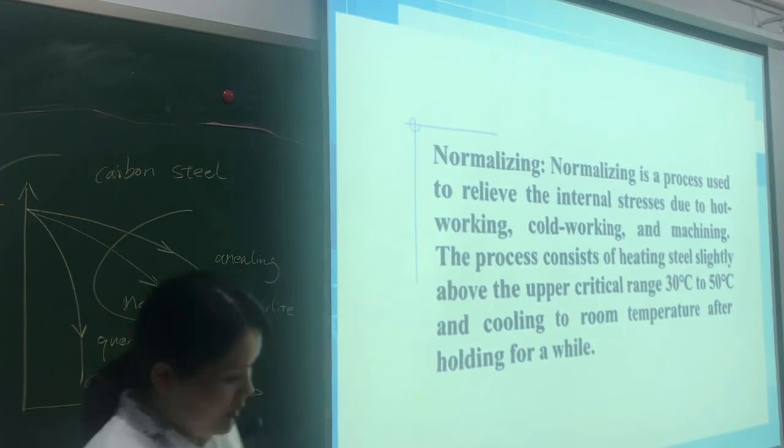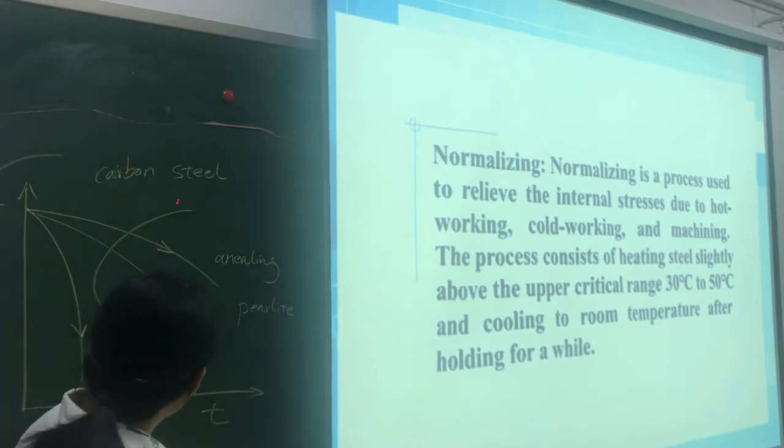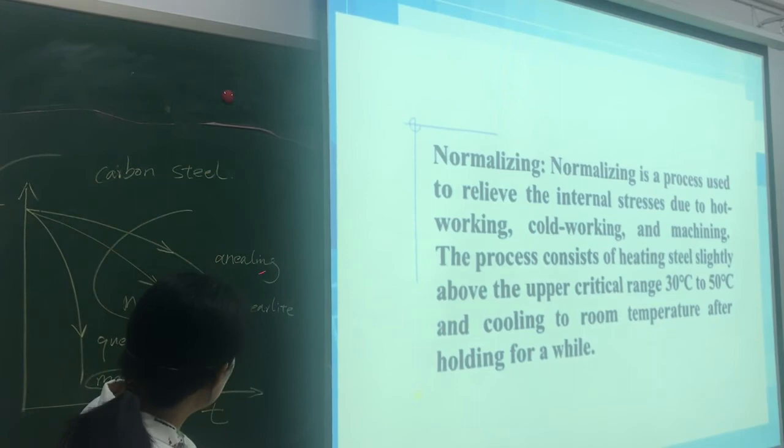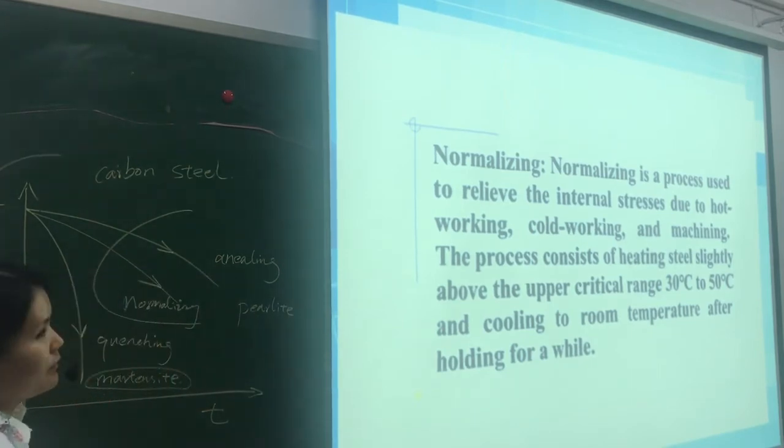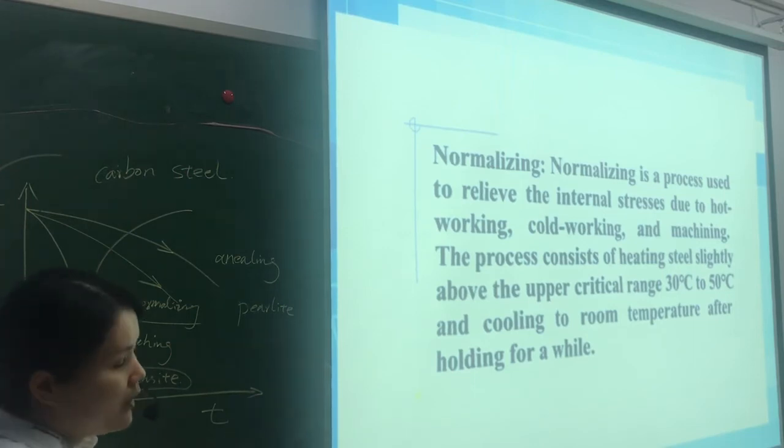The carbon steel after annealing is very soft, and the mechanical property of the carbon steel after quenching is very hard.